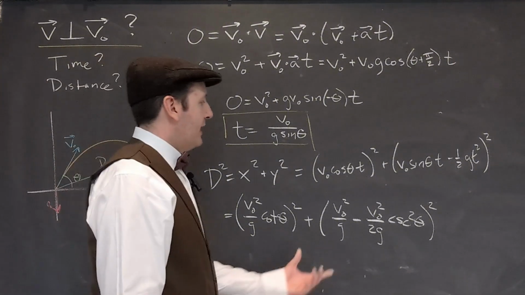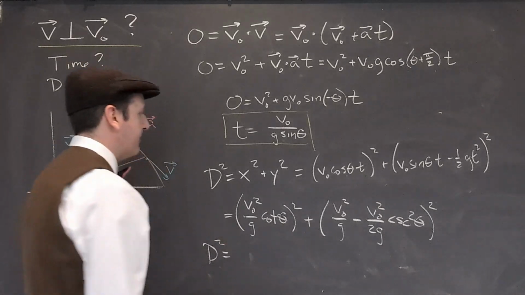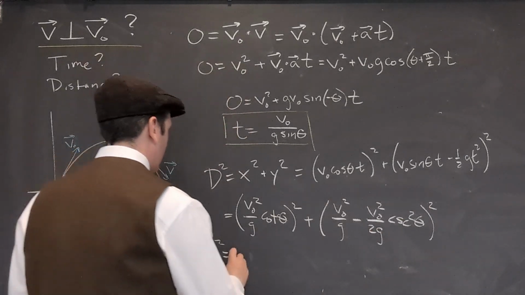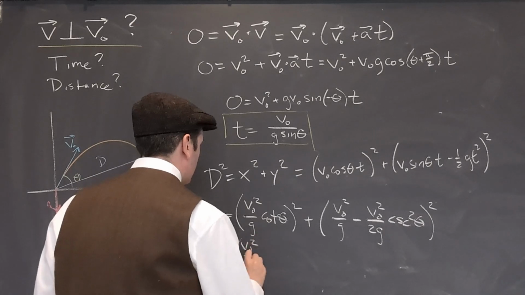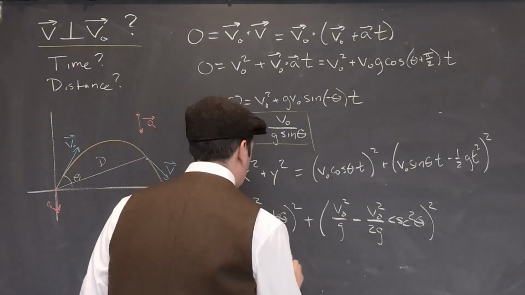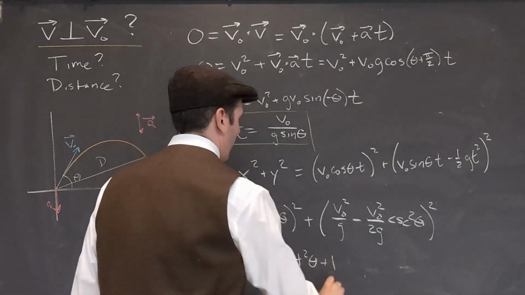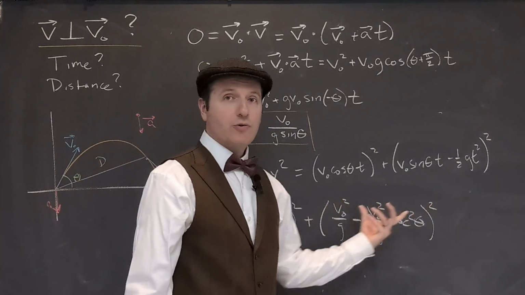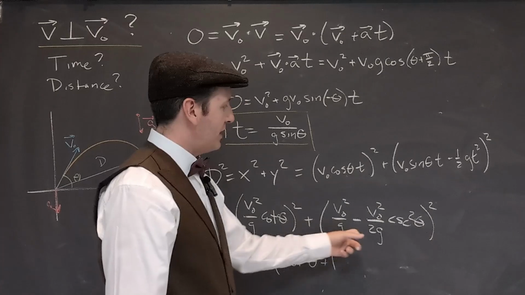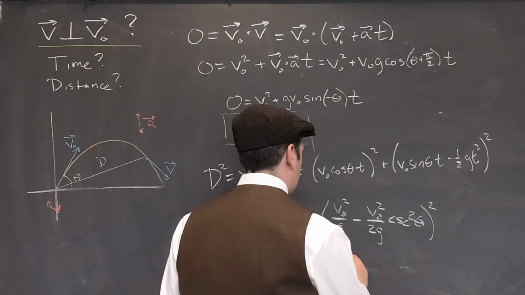Okay, now let's try to factor as much as we can out of this. So d squared will be v naught squared over g, quantity squared, because that shows up in all of these terms, so I'll just pull that out to the front. And then what's left inside is going to be a cotangent squared, a 1. Don't forget we're squaring this whole thing out, so we've got to be a little careful. There'll be a 1 from this one. There will be twice the cross term, so that'll get rid of this 2. And I'll have a 1 times a cosecant squared with a negative sign.